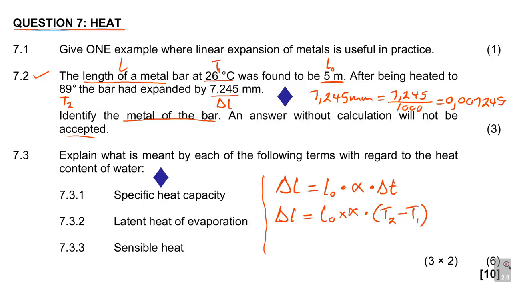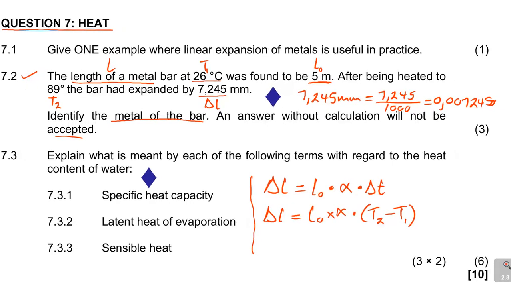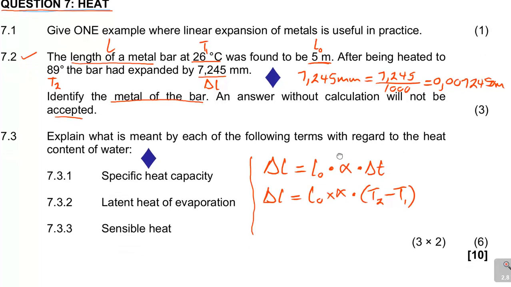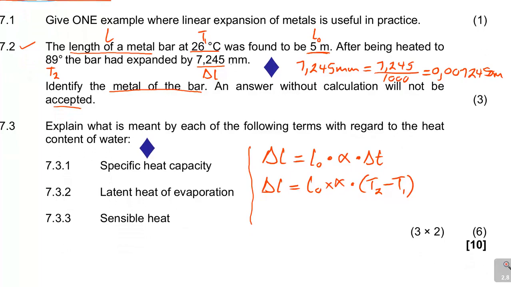Now this is in meters. Remember, after converting, this is changing into meters. So now if I'm going to input the values that I'm given here, already L's initial length is in meters.